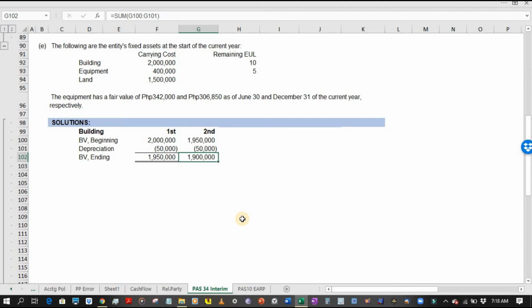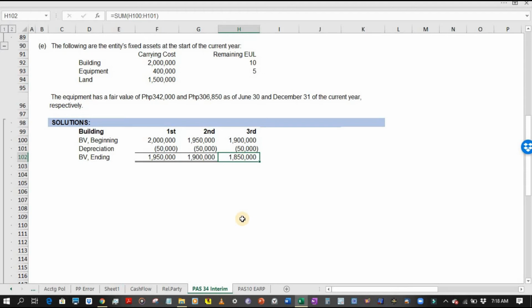For the third quarter, we are going to start with a book value of 1.9 million pesos. Similar to the first and second quarter, the depreciation expense using the straight line method is 50,000 pesos, and this will appear in the income statement for the third quarter, which will cover July to September. Then the book value at the end of the third quarter, September 30, is 1.85 million pesos.